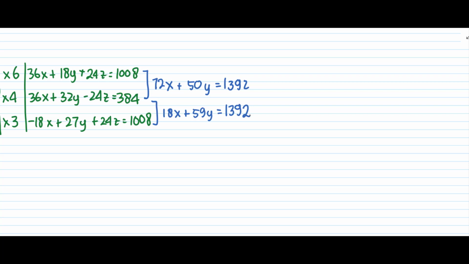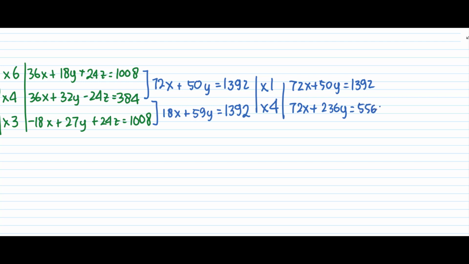So the result will be, we can times it with 1. For this one, times it with 4 to eliminate the x. 72x plus 50y equals 1392. For this one, times it by 4, 72x plus 59 times 4, 236y equals 1392 times 4, 5568.